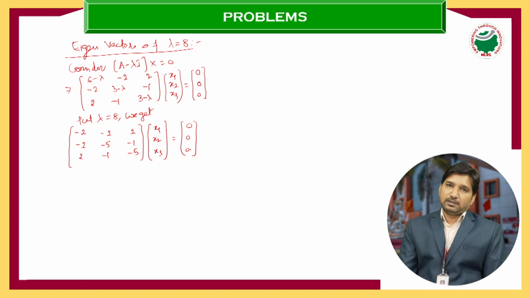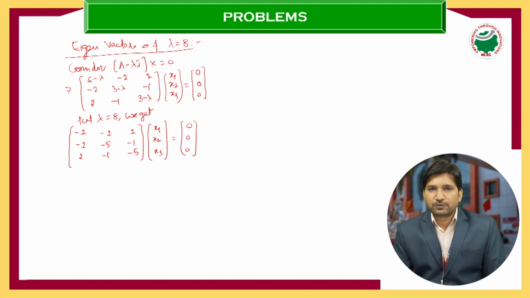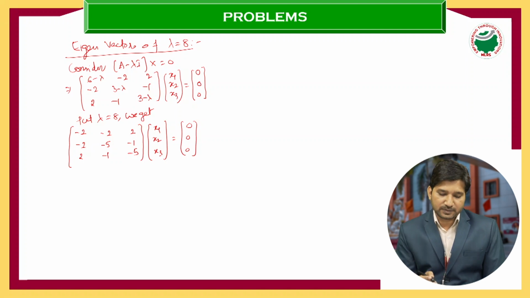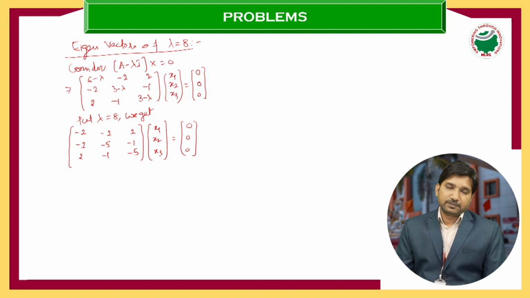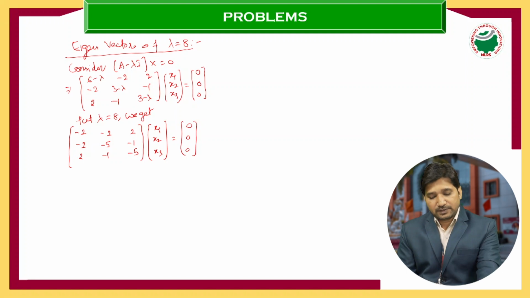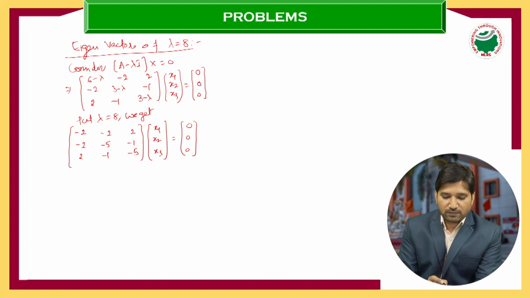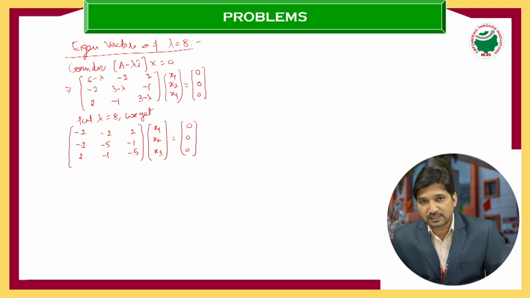Okay, so in the same way, using row transformation, we can make the given matrix into echelon form. You can easily find the eigenvectors. Now, applying the first row, we can make the second row first element and third row first element 0. So just here minus 2 and minus 2, just subtracting.